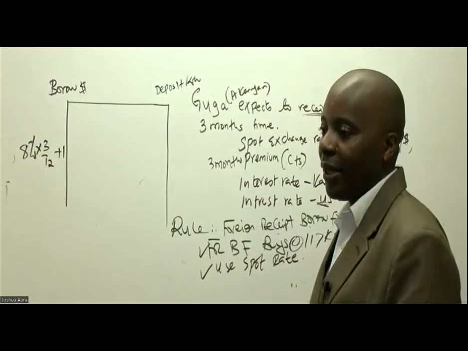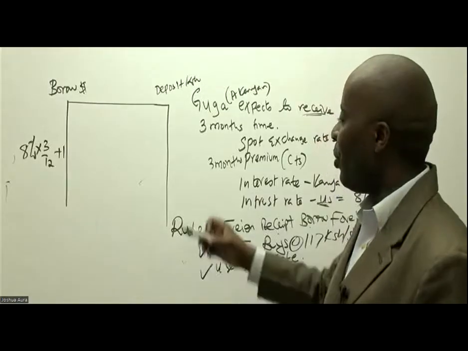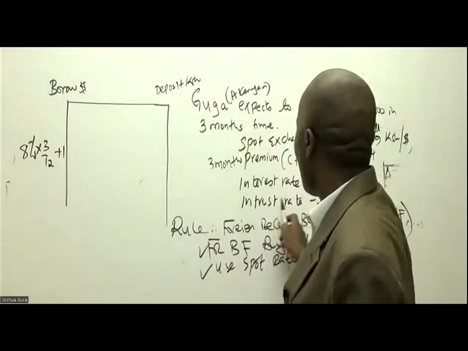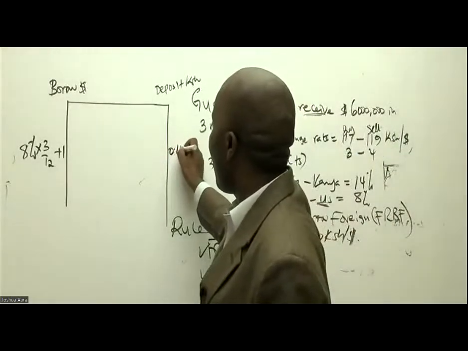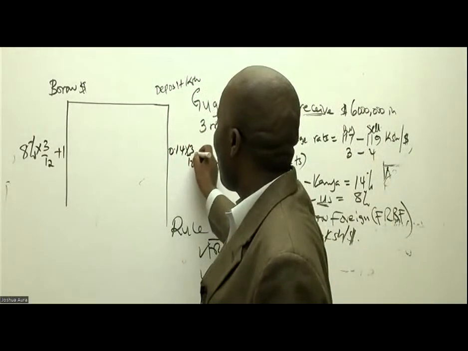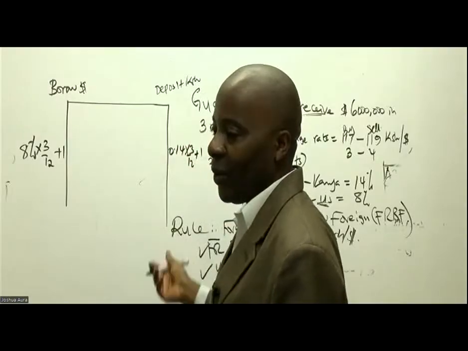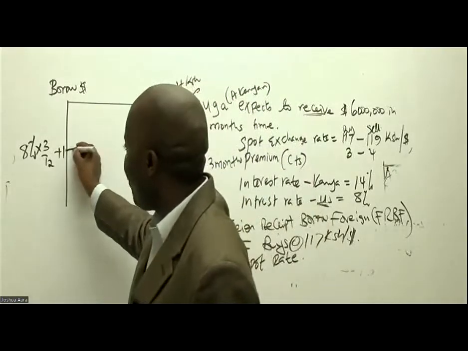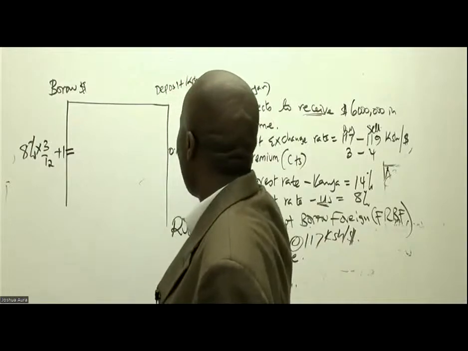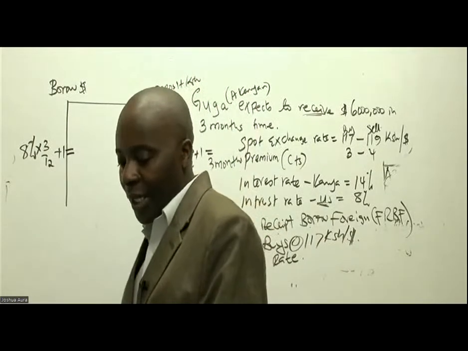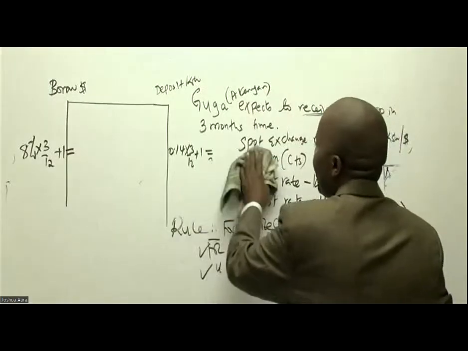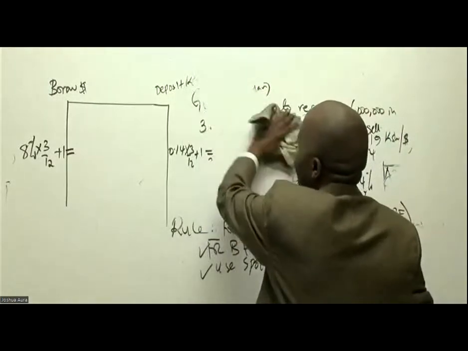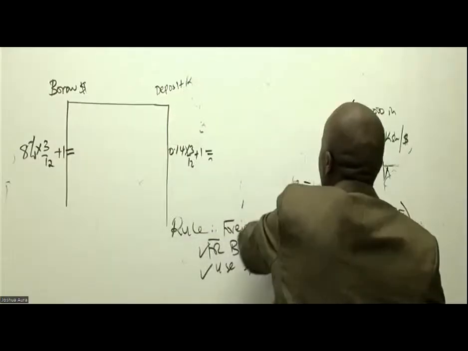Great. And then we have depositing the Kenya shilling. The Kenya interest rate is 14%. So 0.14 times 3 over 12 plus 1. So could you kindly give me this figure? Remember, lazima upeane many decimal places.